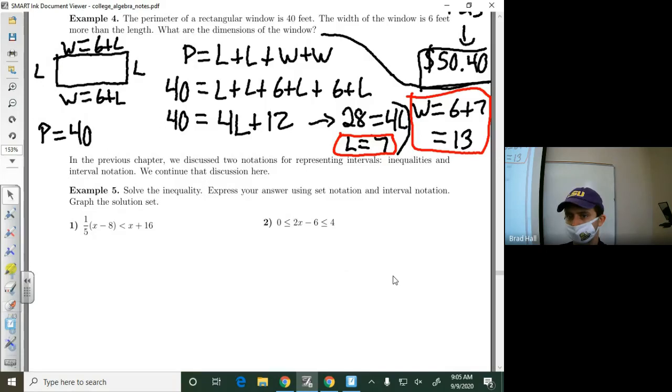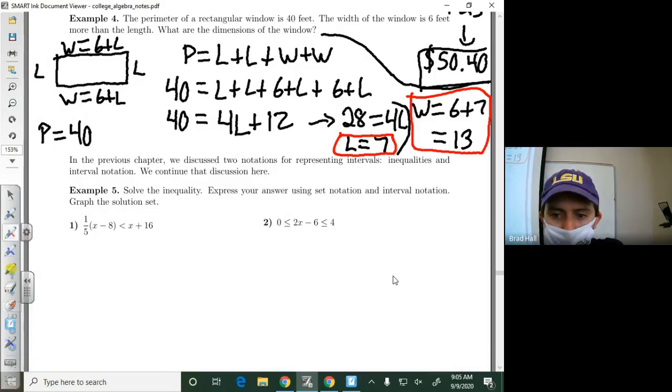Inequalities can have variables involved. So that means for, say, a problem like number 1, we can move things around, we can multiply, divide, combine like terms, and all of that. You cannot do that with interval notation. So interval notation is a more compact final answer, and inequality form is better with algebra.